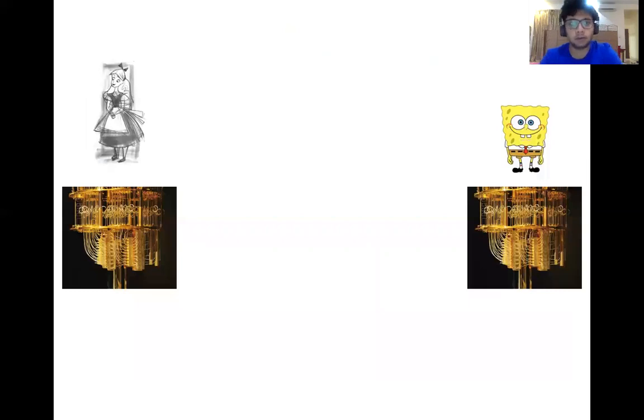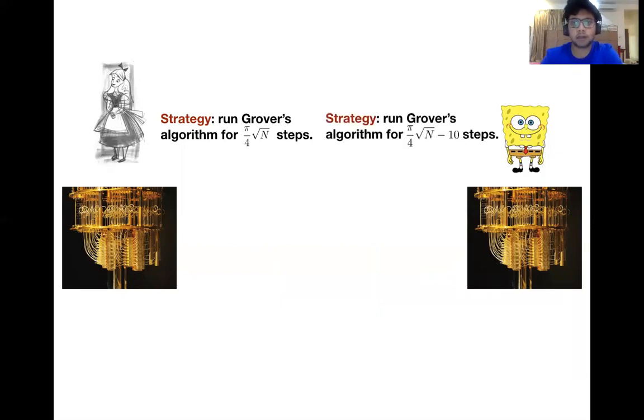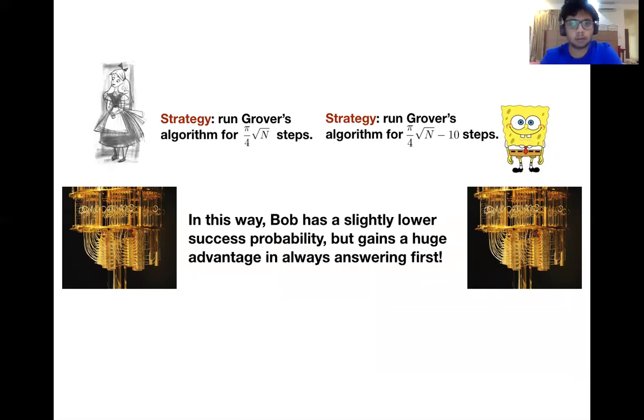So coming back to our problem, suppose Alice naively runs Grover's algorithm for the worst case scenario, that is pi over 4 times square root n steps. Bob can do something more clever. He can run Grover's algorithm for like 10 less steps. By doing so, Bob has a slightly lower success probability, but he always answers first.